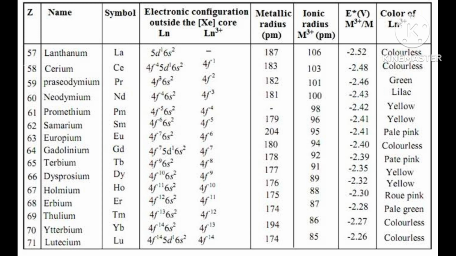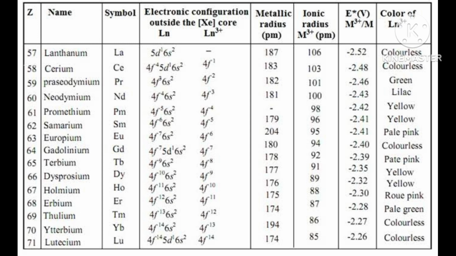Now samarium, 4f6 6s². One electron is going to the f, that you keep in mind. Now same way, this is where contraction started. Now it became 180. Ln is 180 and Ln3+ is 96.